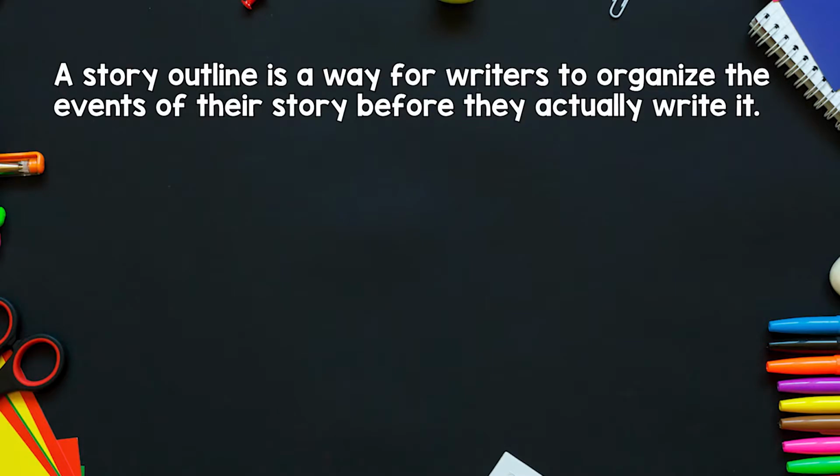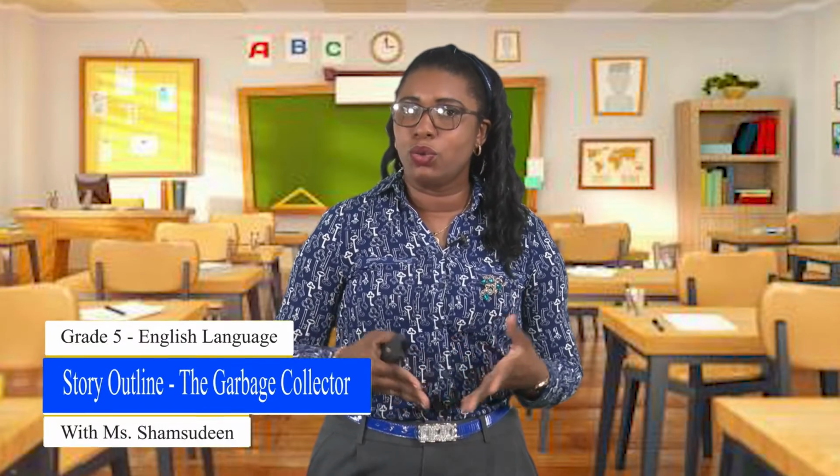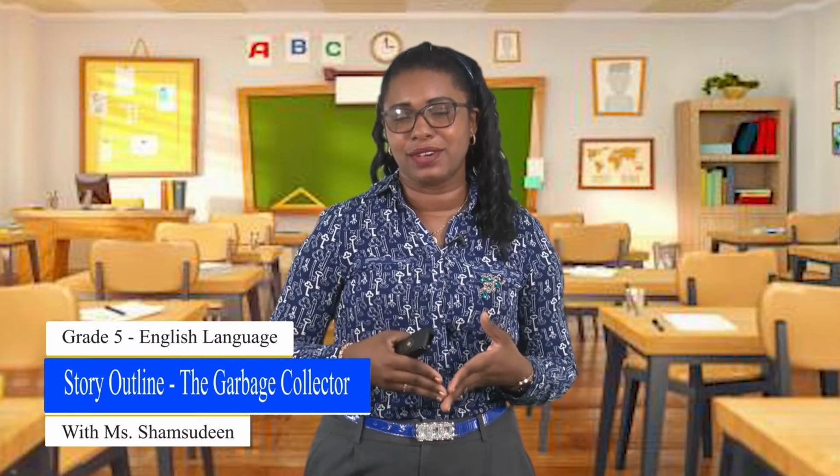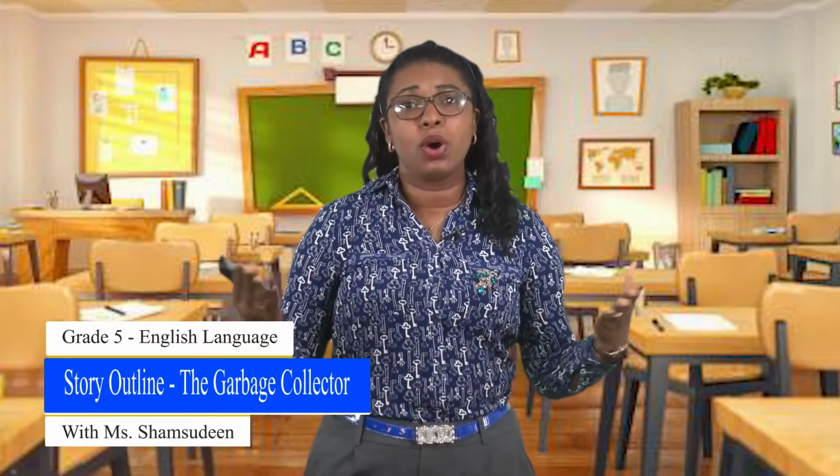A story outline is a way for writers to organize the events of their story before they actually write it. But today, as I said, we're going to try to identify the elements in the story that we would have read. Why is it important to do a story outline?